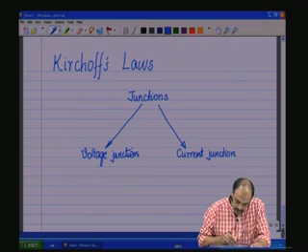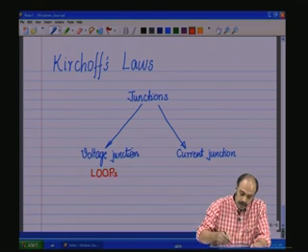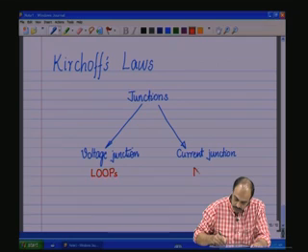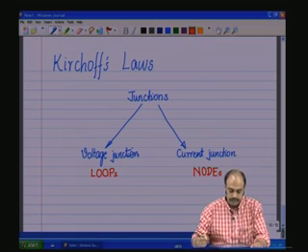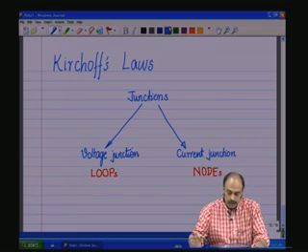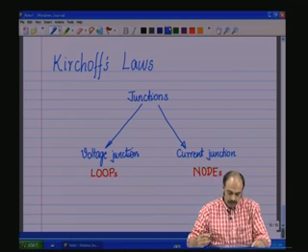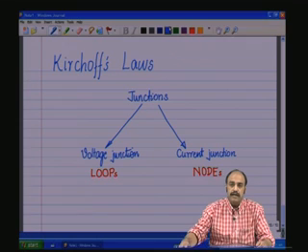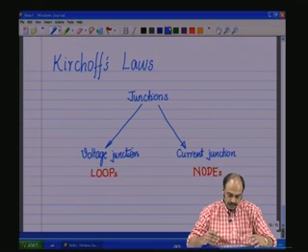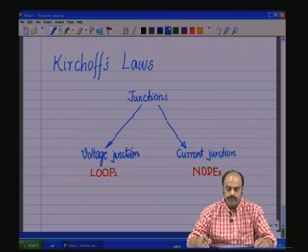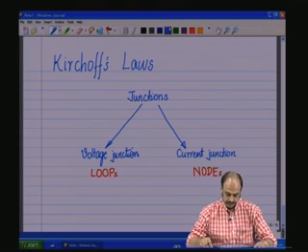The voltage junctions are also called loops. The current junctions are also called nodes. These are the only two types of junctions that exist, and you can make any type of electronic circuit with these two types of junctions and analyze any electronic circuits with the help of these two categories of junctions.